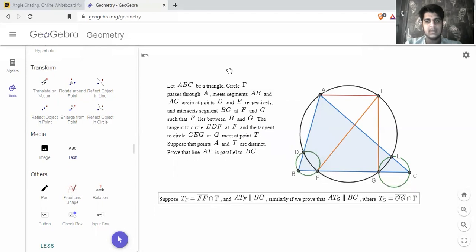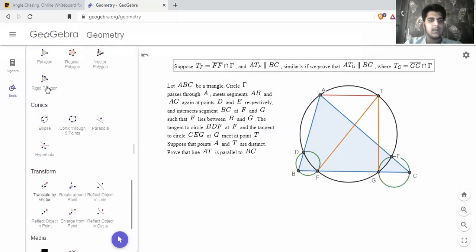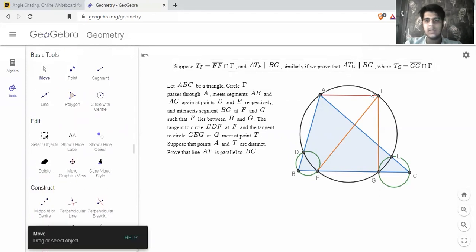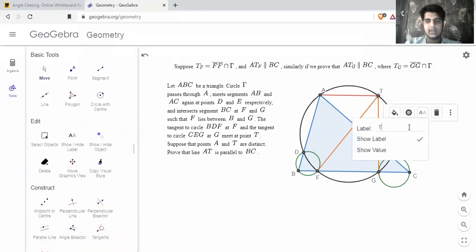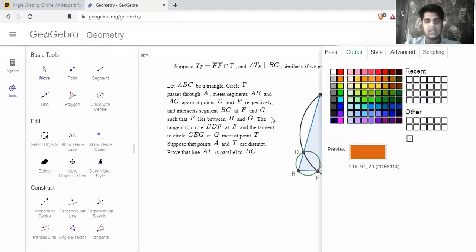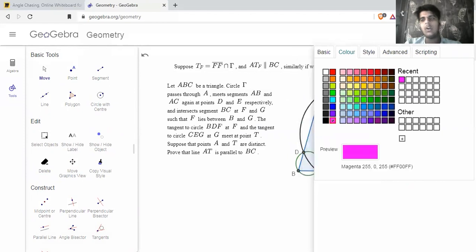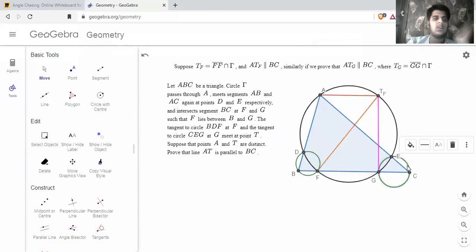Basically this thing. So for now, let's assume that this is the intersection with the F tangent. I'll change the color of this line. We do not know whether the pink line is tangent to this circle or not. We just know that FTF is a tangent and it intersects gamma.